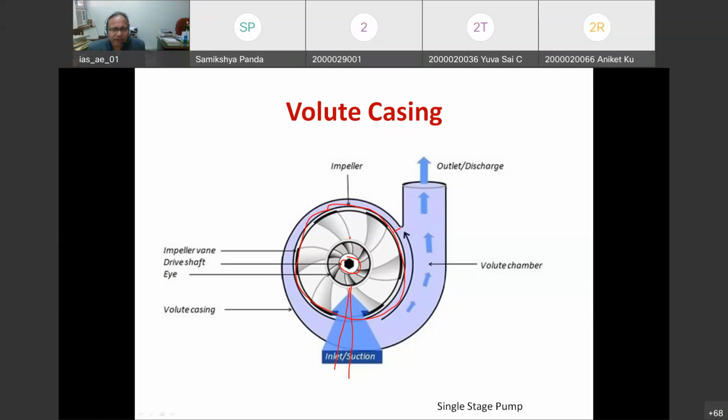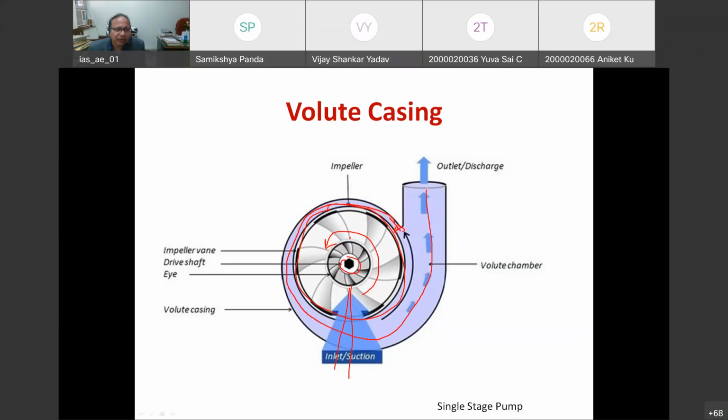At this point the space between impeller and casing is lower, and if you go ahead in the direction of motion of the impeller, this space increases.